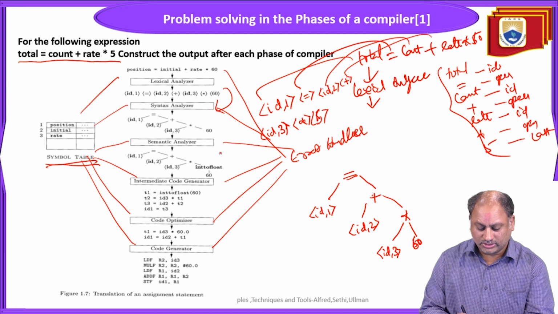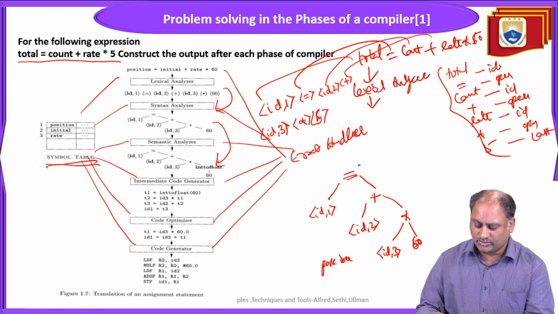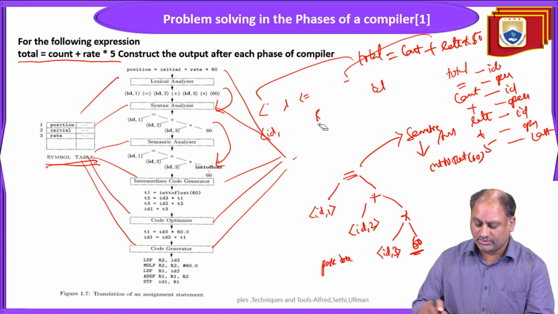This is processed as the syntax analyzer process. This parse tree generated in the syntax analyzer is given as input to the semantic analyzer. The semantic analyzer performs this task and resolves all the issues. Here it resolves integer to float, inttofloat of 60.